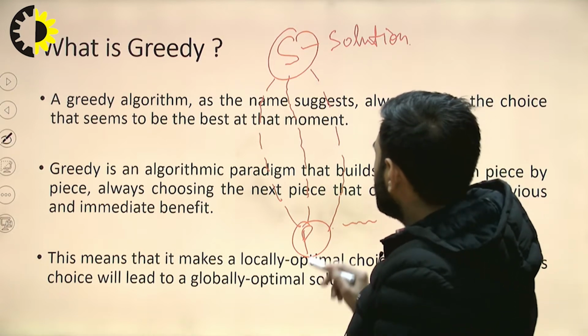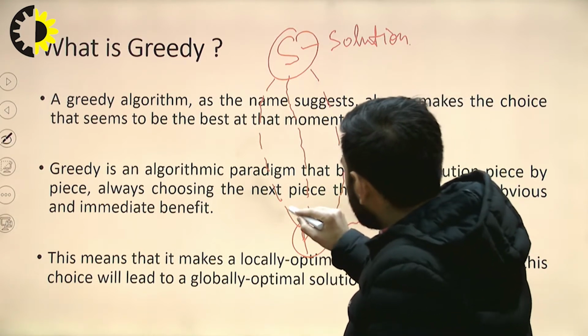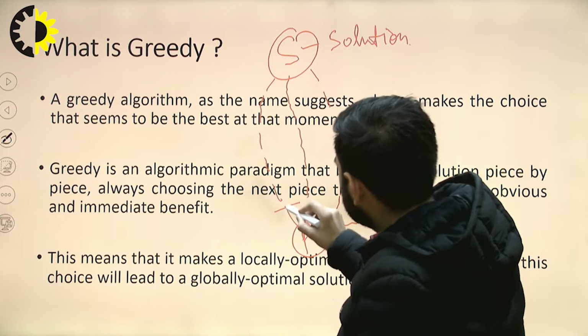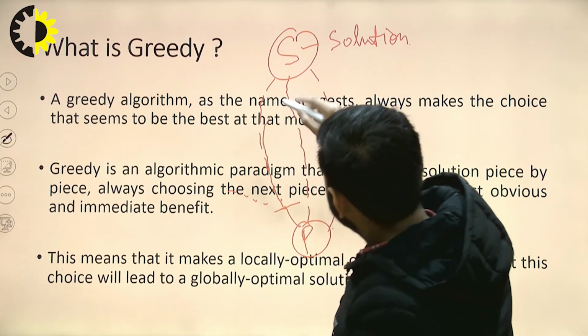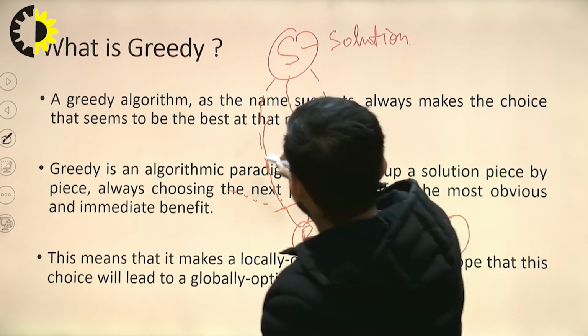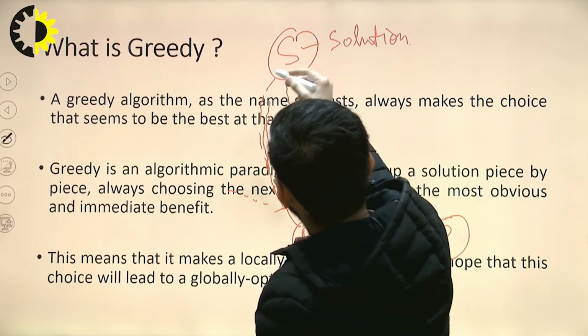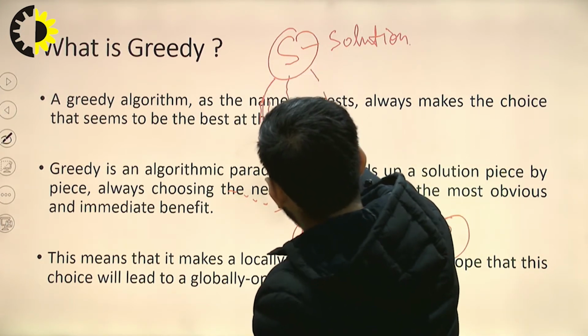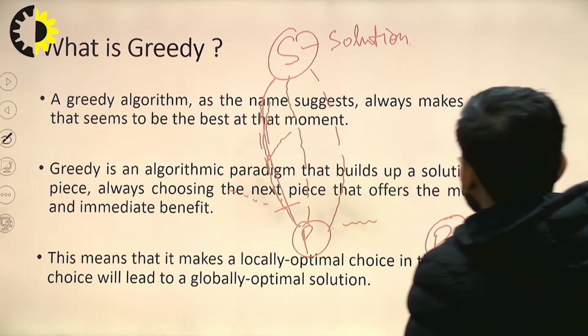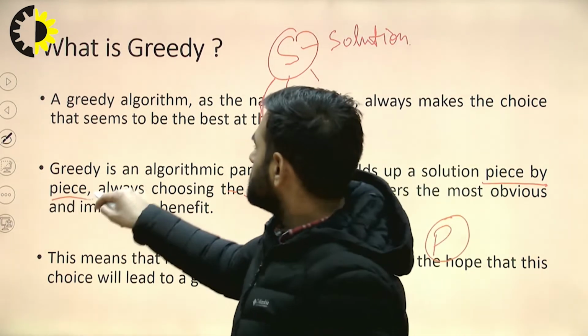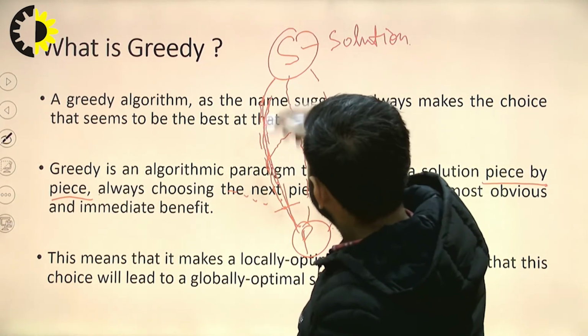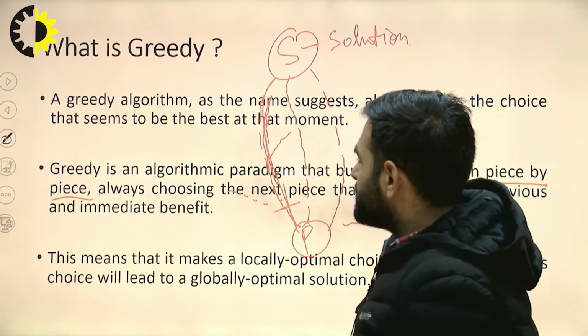So it always looks for an optimal solution at each stage. Like here, suppose here is one path, and one more path, but this is the optimal one. After that there is one more path, but this is the optimal one. So we have selected finally this particular path. So it always builds a solution piece by piece, one by one, selecting the best optimal solution.